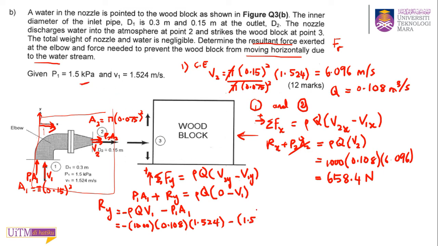Don't forget this, don't make a silly mistake. Times A1, which is pi times 0.15 squared. Can someone calculate that? What is the value of the resultant force in the y direction?